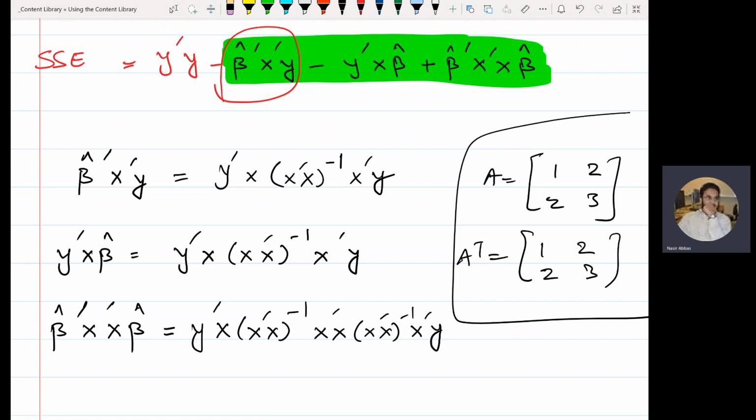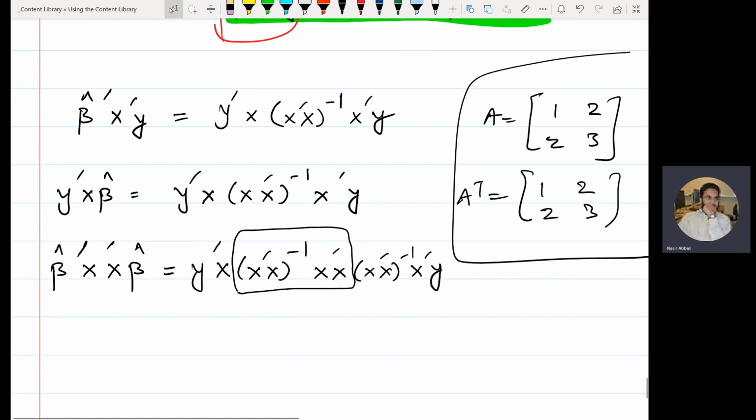If I look at this one, we can cancel 2 of them. We can cancel this part because it's the same thing, inverse times the same thing. So this will become identity, and identity will be merged either to the left side or to the right side, wherever you want. So as a result, I will have Y prime X times X prime X whole inverse times X prime Y. So you see the 3 results are all the same.